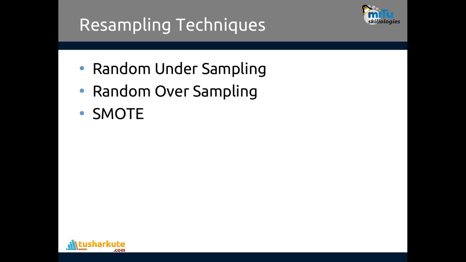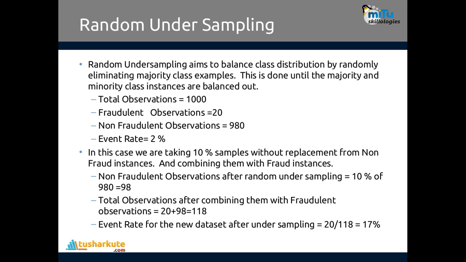Let's go one by one, theoretically first, and then practically also. The first method is random undersampling. Random undersampling aims to balance class distribution by randomly eliminating majority class examples. This is done until the majority class and minority class instances are balanced out.